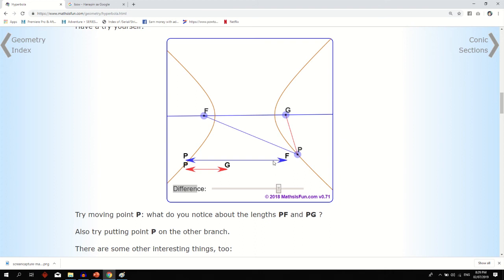P to F is not a constant because it depends on the distance between F and P. But the distance between G and F is always the same. Even if I put it at the minimum and at the maximum, still it is a constant.